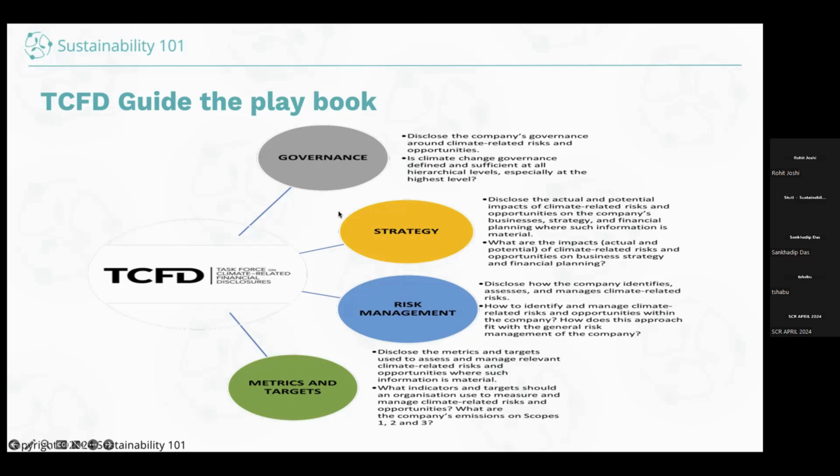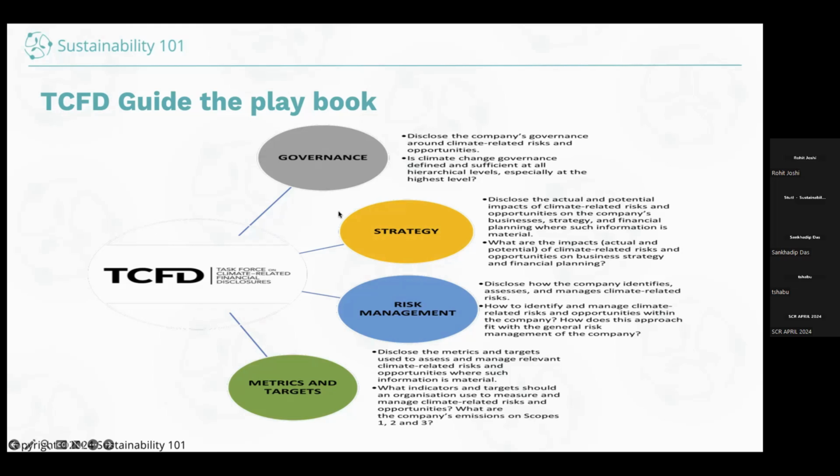In this strategy, you need to have the actual and the potential impact of the climate related risks and opportunities, which impacts the business, strategy, financial planning, and other information where material. So you need to understand what is the actual and the potential impact of the climate risk on the business, on the strategy, on the financial planning.